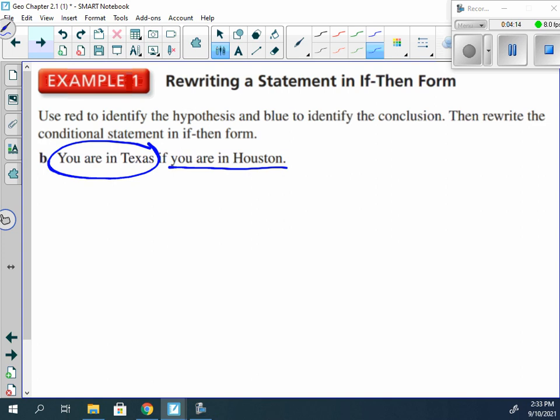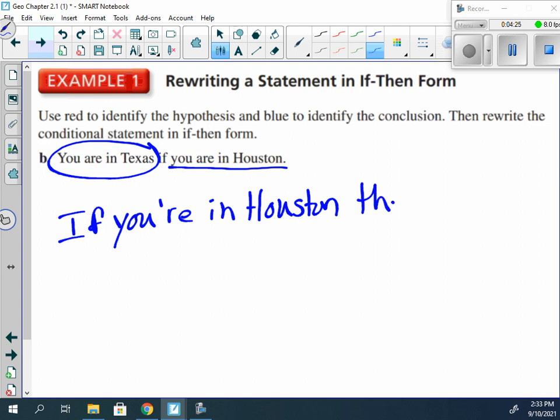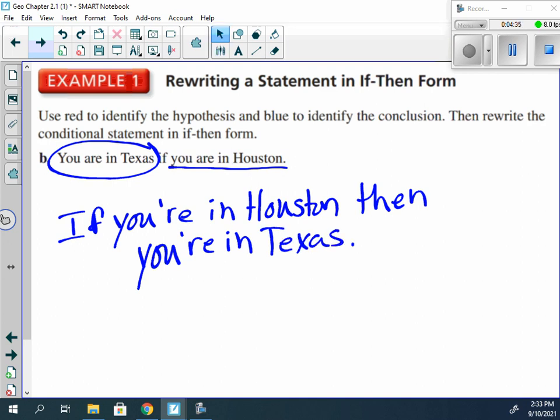So this one here really doesn't need any changing. If you're in Houston, then you're in Texas. And we know that is a true statement, because if you are in Houston, then you are in Texas.